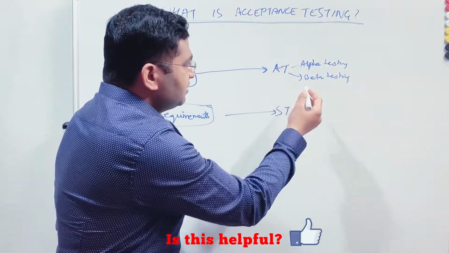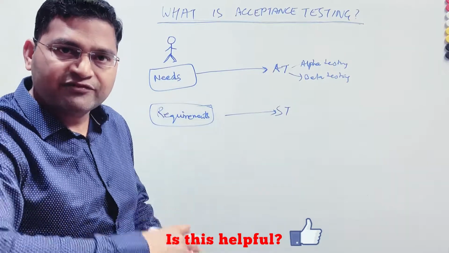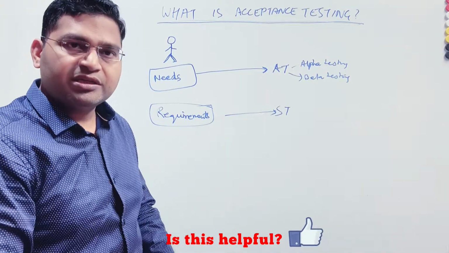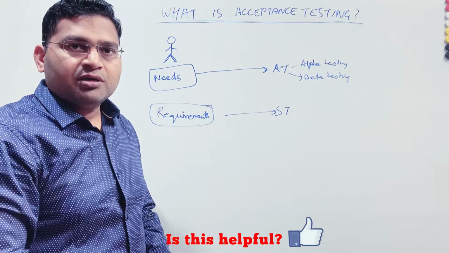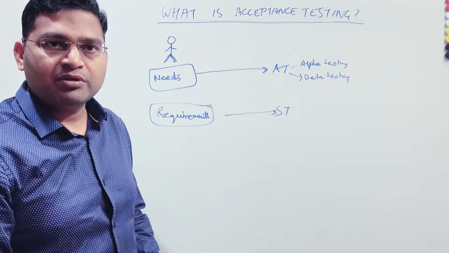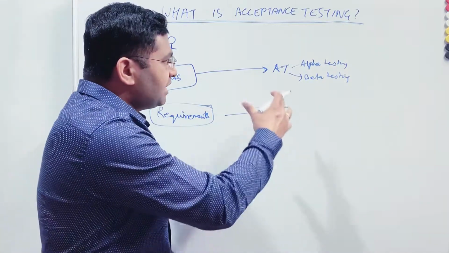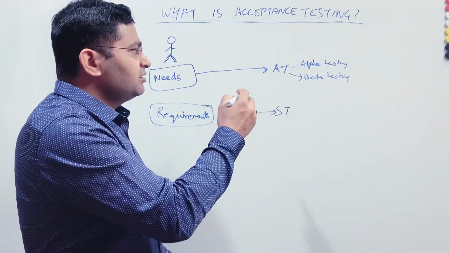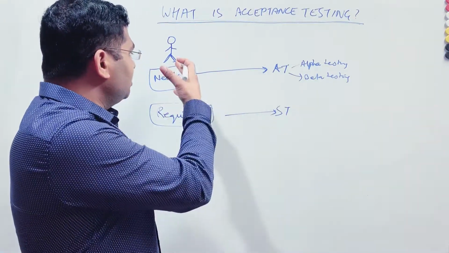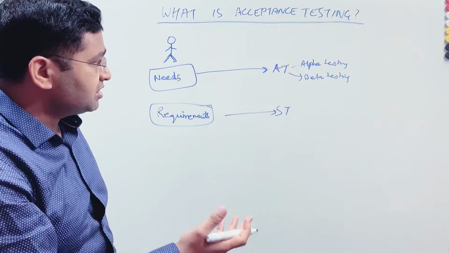In alpha testing, the testing is done at the development premises, within the development team, and business stakeholders and other people are invited to test the application and verify that the acceptance criteria have been met as per the needs of the customer.